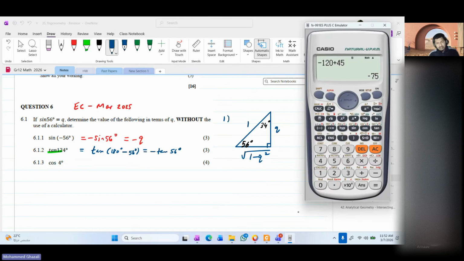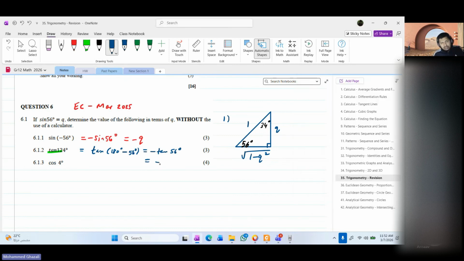Is that correct? Was 180 minus 56. Now you good? You're understanding? It's 124. That's negative tan 56, which is opposite over adjacent, Q over the square root of 1 minus Q squared. Okay, so that's my answer. Q over the square root of 1 minus Q squared.